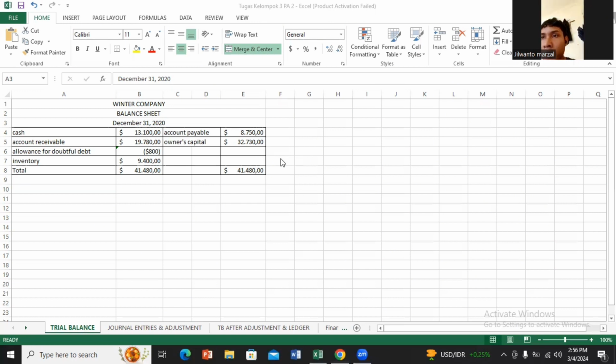So the total assets of Winter Company on December 31, 2020 is $41,480. Then we have the liabilities, accounts payable of $8,750, and our capital of $32,730. When we add the liabilities and our capital, the liabilities and equity total $41,480.